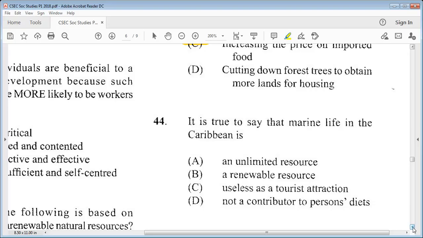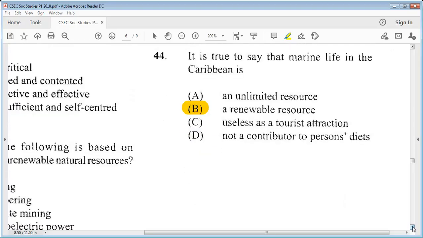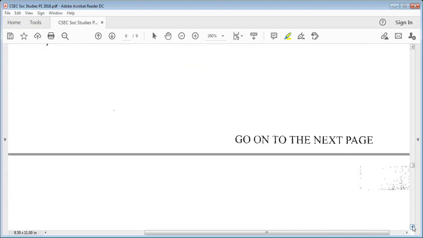Marine life in the Caribbean. Well, it's not an unlimited resource. We know marine life is connected with renewable resources. So we know that would be B. This is a simple, easy one, so we don't have to go much into explanation. So B. Let's go on to 45.